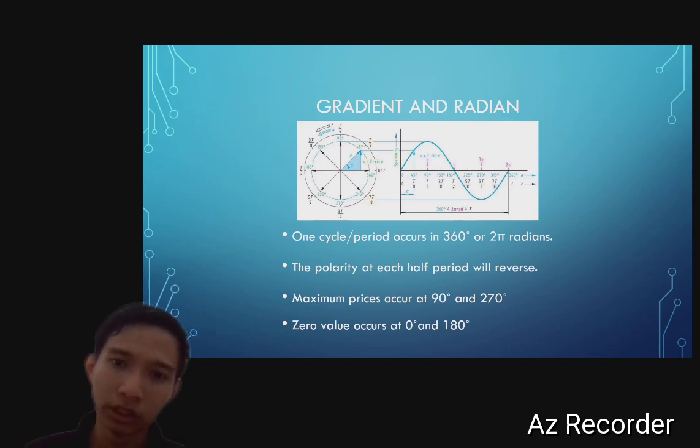The 90 degrees represents going to the right, and at 270 we have the maximum lowest part of the valley, representing going to the left.